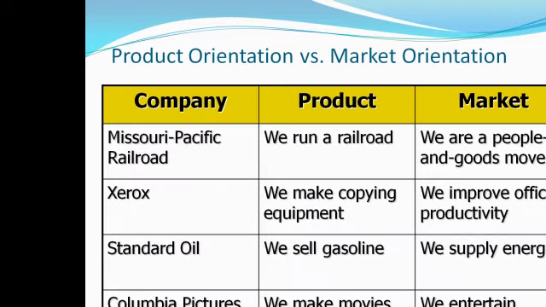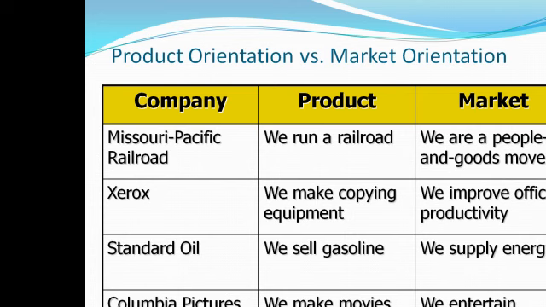Let's look at the difference between market orientation versus product orientation. Let's assume the company is called Missouri Pacific Railroad. That's the company name. What is their product? Basically, they run a railroad. And who is their market?